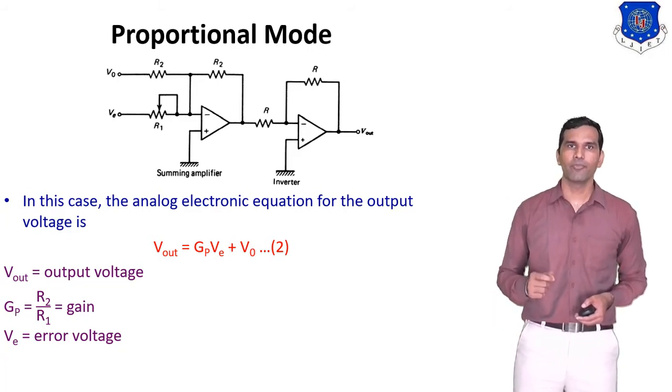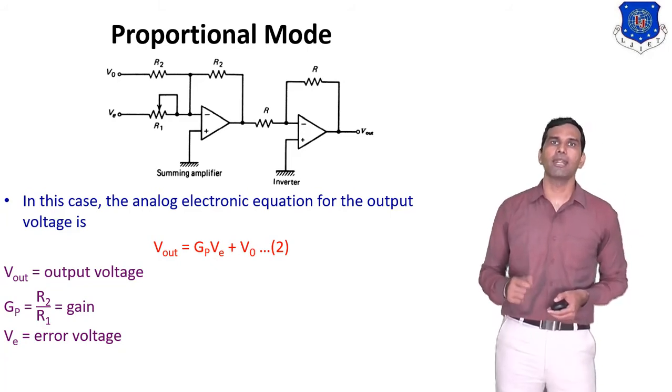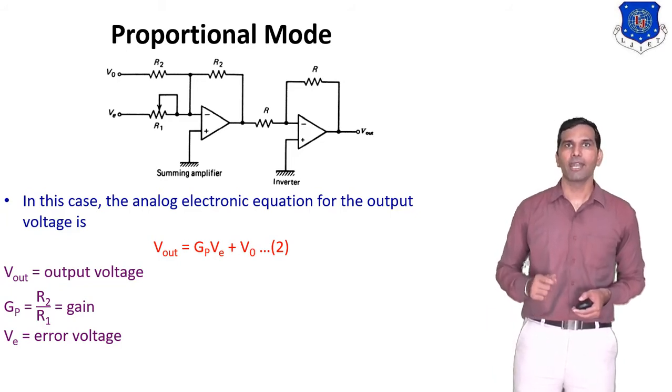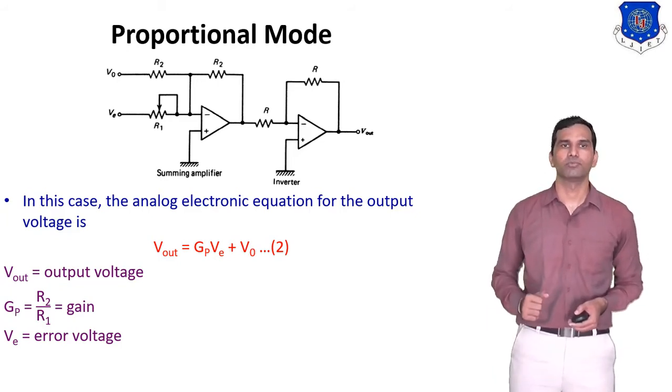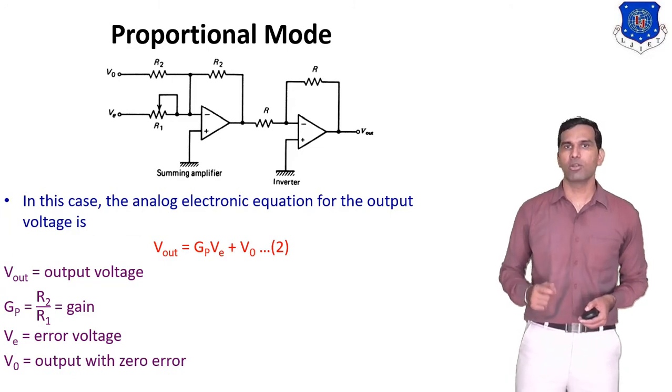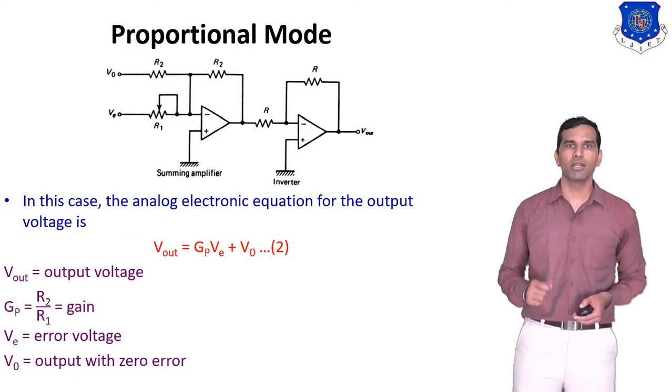So this is the equation for the analog proportional mode controller, and V0 indicates the output with zero error.